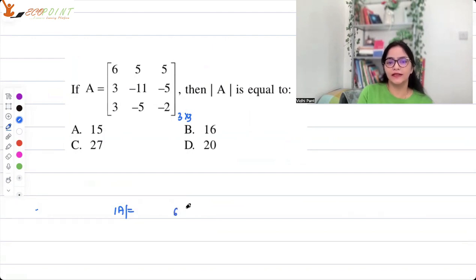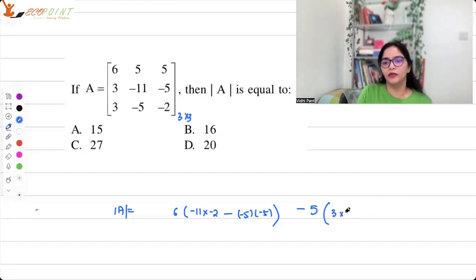So it is 6 multiplied by minus 11 into minus 2 minus 5 into minus 5, minus 5 times 3 into minus 2 minus 3 into minus 5, plus 5 times 3 into minus 5 minus 3 into minus 11.